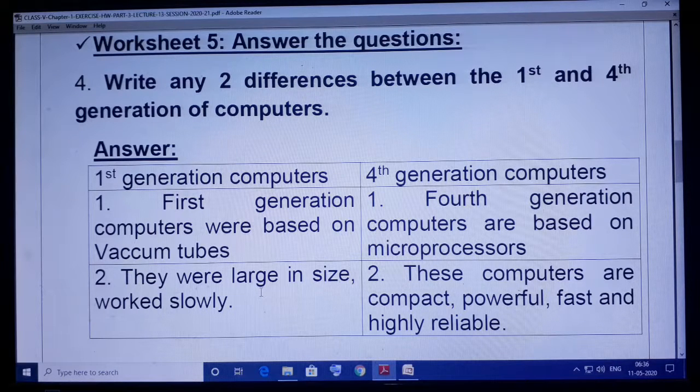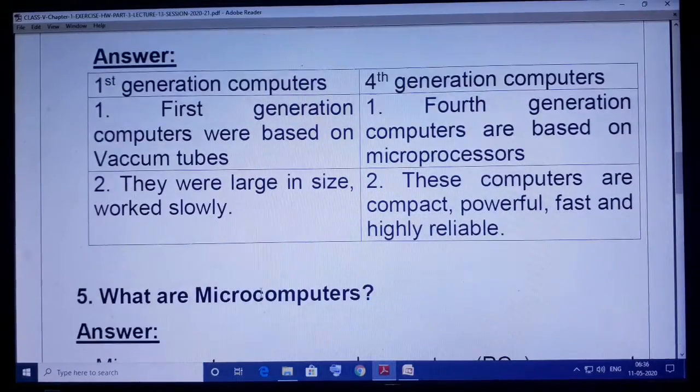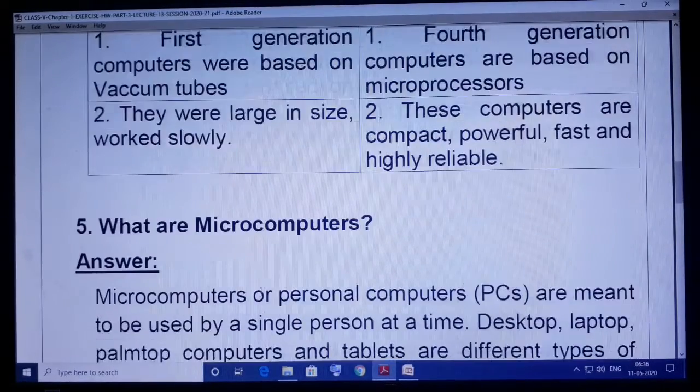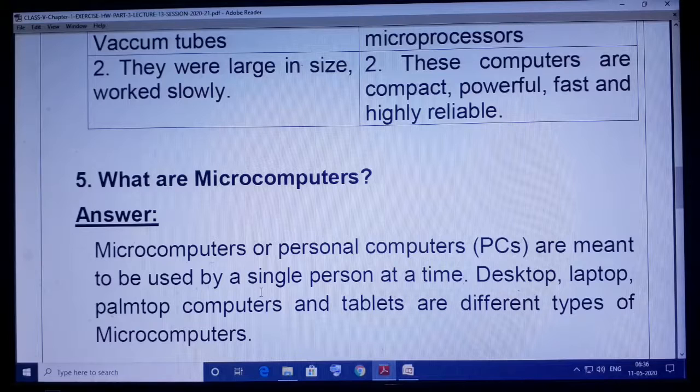Okay. So next question. What are microcomputers? Microcomputers, or personal computers, that is PCs, are meant to be used by a single person at a time. Desktops, laptops, palmtops and tablets are different types of microcomputers.